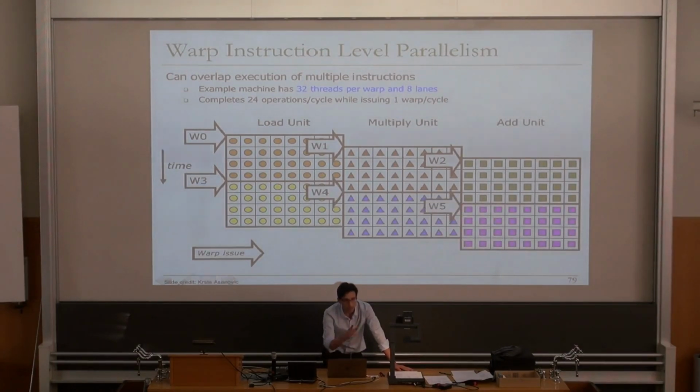What's the motivation to have a larger warp size than the number of lanes? I guess the real motivation, if you look at NVIDIA GPU architectures, might be related to engineering decisions. If you look at the evolution of NVIDIA GPUs, the ones launched in 2006 or 2007 are like this one. They have 32 threads per warp and 8 lanes in each of the SIMD pipelines, which they call streaming multiprocessors.